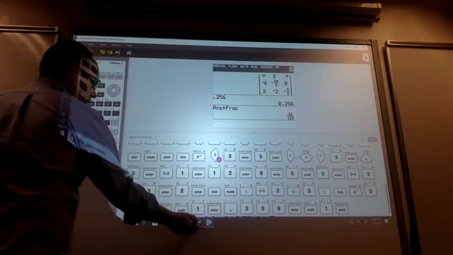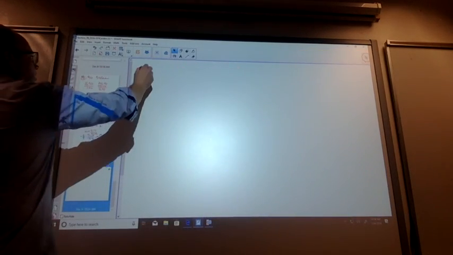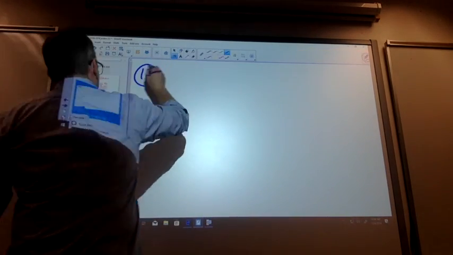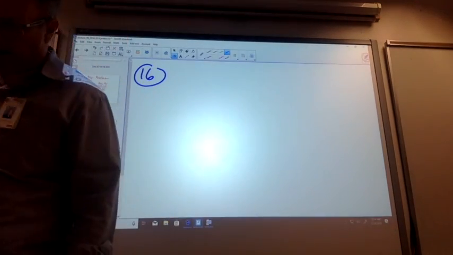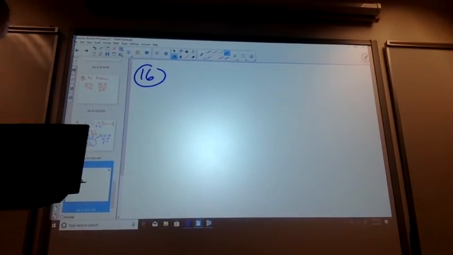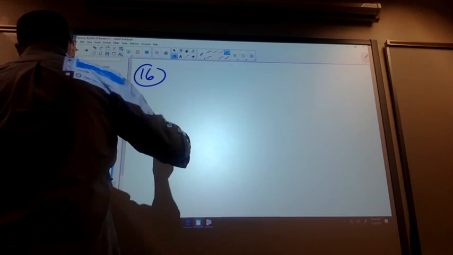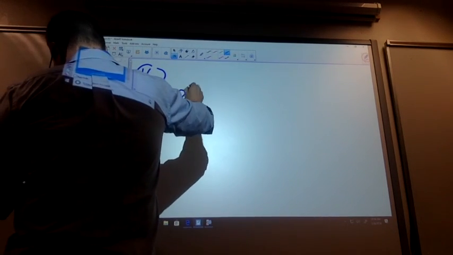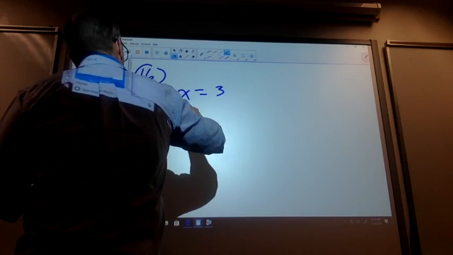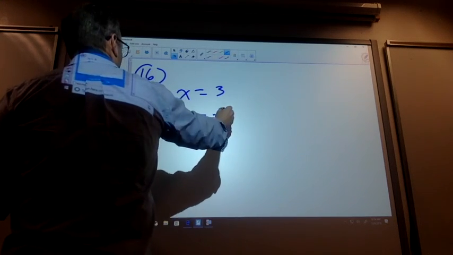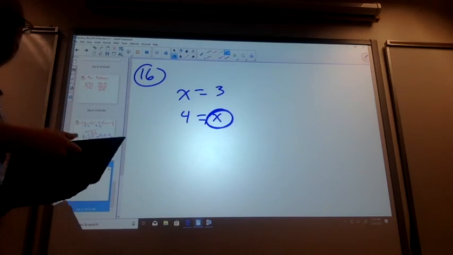All right, number 16. Let's see what that says. Number 16, it looks like x is equal to 3 and 4 is equal to x. I think this one was supposed to be a y. I think it might have been a misprint.